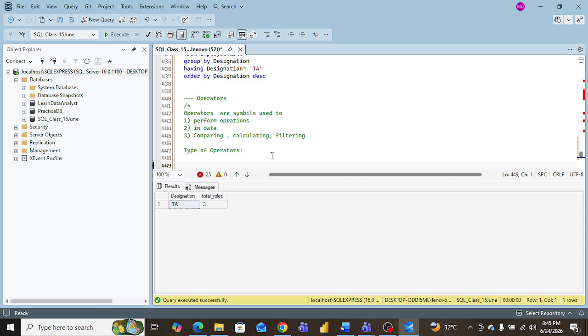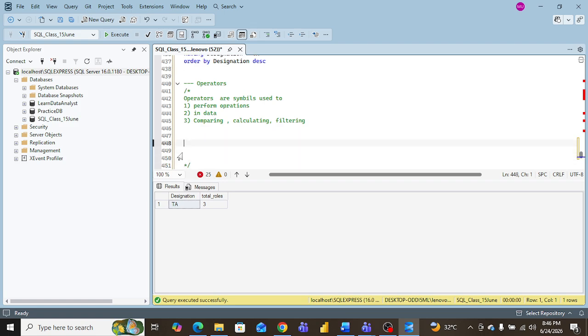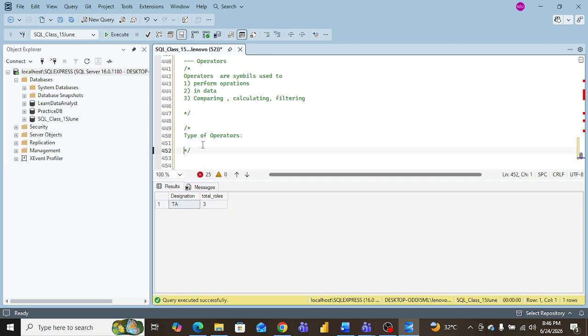These are arithmetic operators. I'm going to make a new line to make it easier to understand. Types of operators, right? Now it's a new comment.